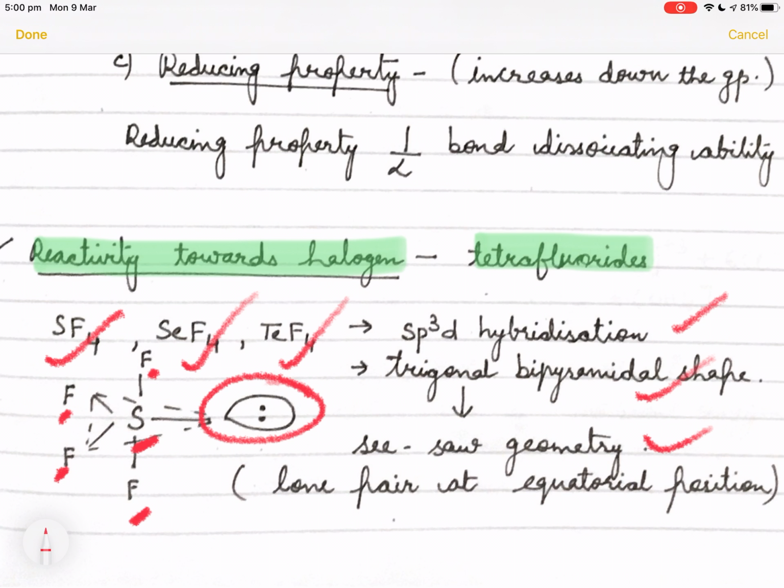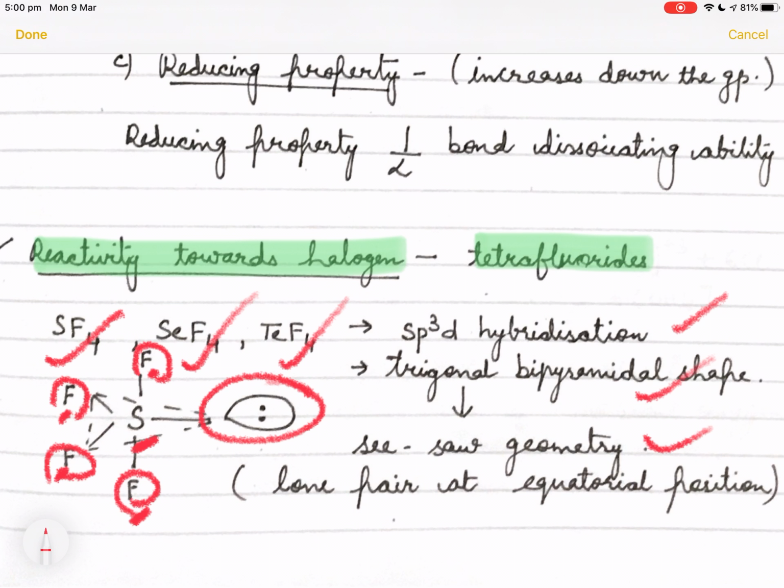We already know that in trigonal bipyramidal shape there are 3 fluorines in the equatorial positions, but here it is not so. So these 2 fluorines and the lone pair form the equatorial position, whereas these 2 fluorines form the axial bonds, right?